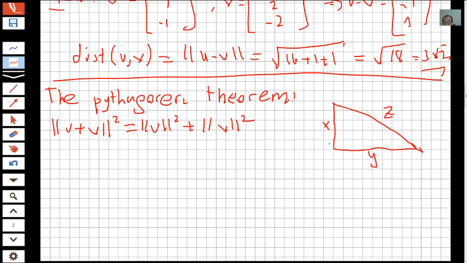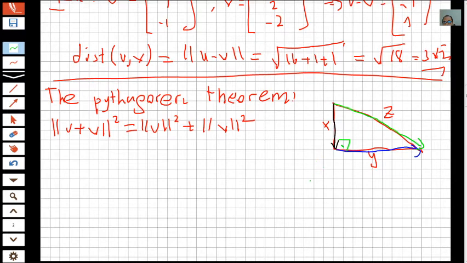If we consider x in this direction, this is a vector, and y is another one, and the addition of them will be the vector z, and the angle between x and y is 90 degrees.